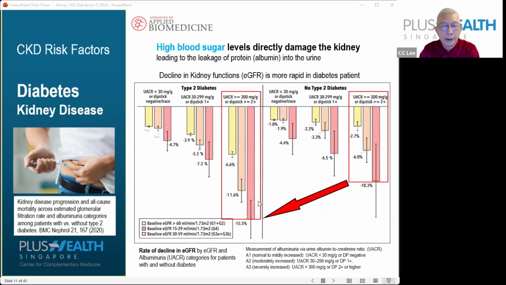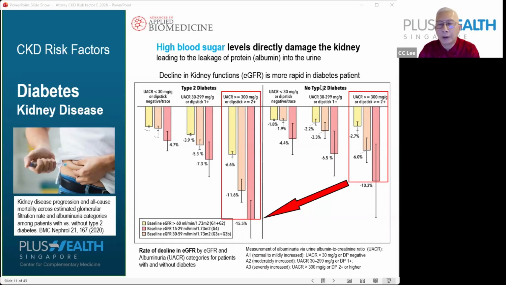In this case, this is typically stage 3, and this is typically stage 4, and stage 3A, 3B. All right. So you can see from here that we compare patients with diabetes and patients without diabetes. These are all CKD patients.